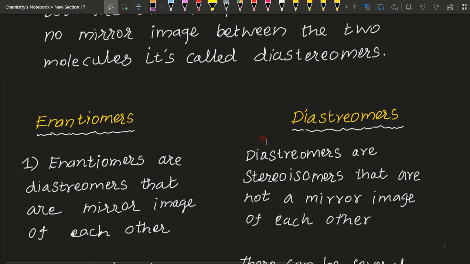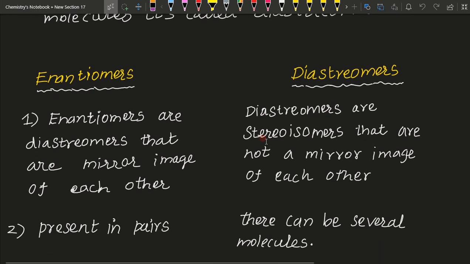The difference between enantiomers and diastereomers. First, enantiomers are stereoisomers that are mirror images of each other. Diastereomers are stereoisomers that are not mirror images of each other.